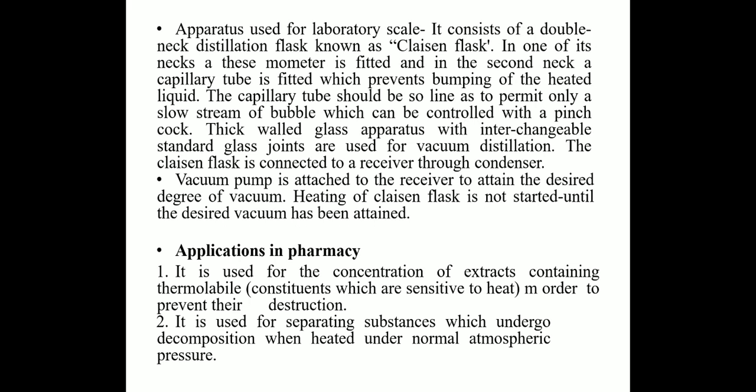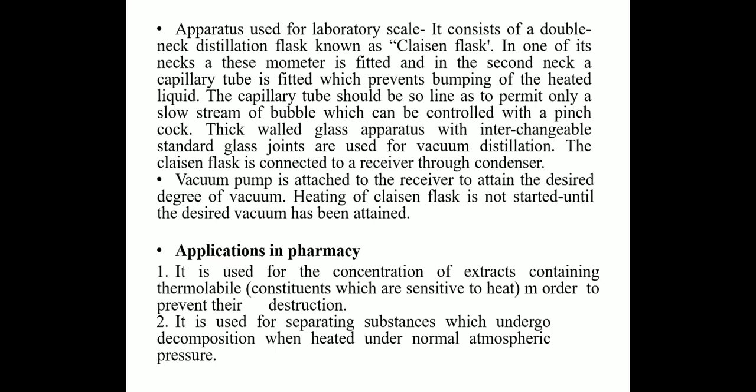The Claisen flask is connected to a receiver through a condenser. Vacuum pump is attached to the receiver to attain the desired degree of vacuum. Heating in the Claisen flask is not started until the desired vacuum has been attained.